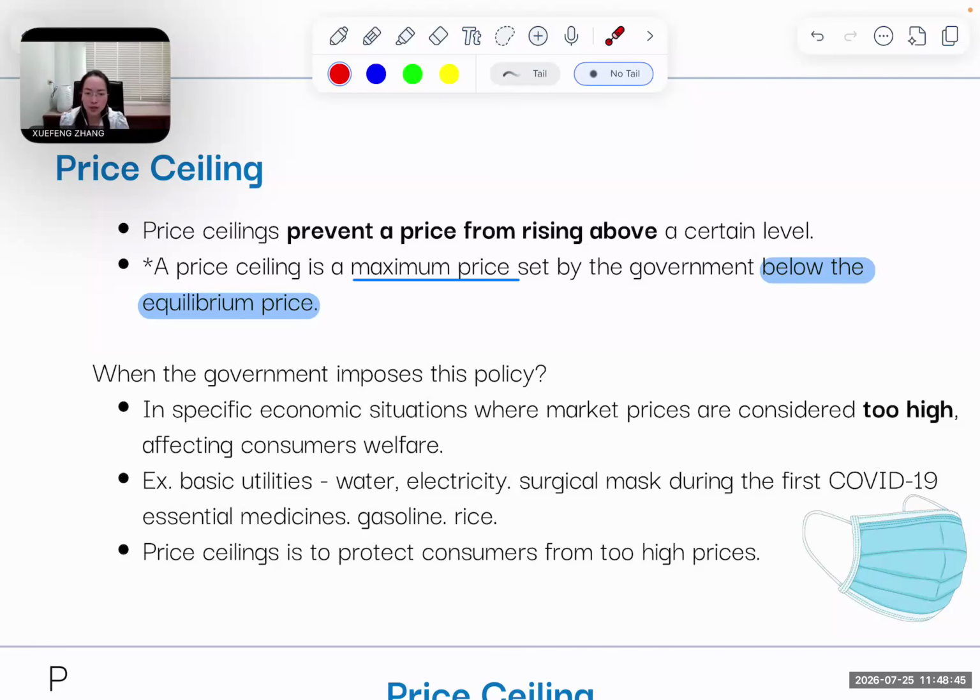We're going to have a shortage, right? Shortage. So a policy designed to protect consumers might end up hurting them a different way. That's exactly what we unpack next.